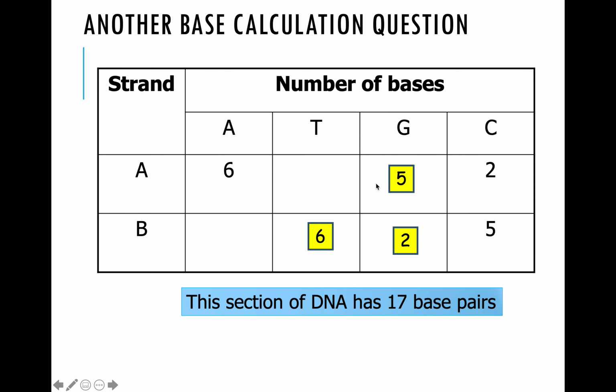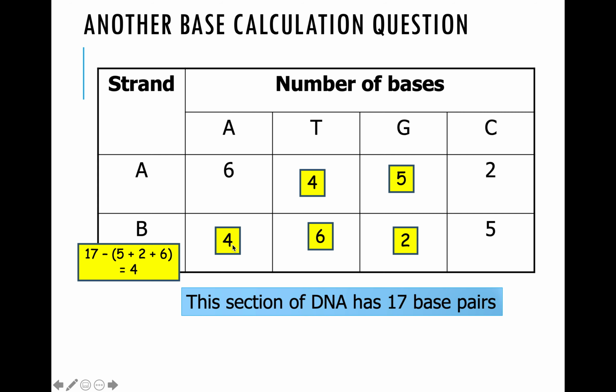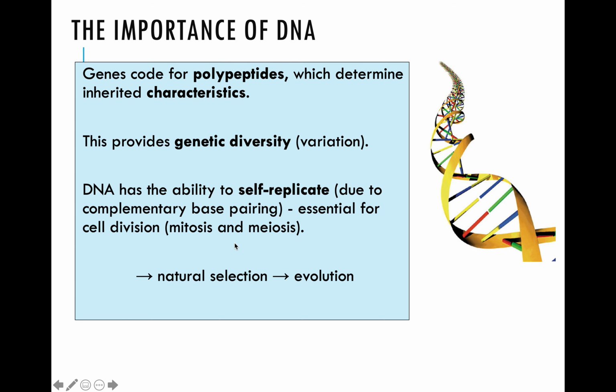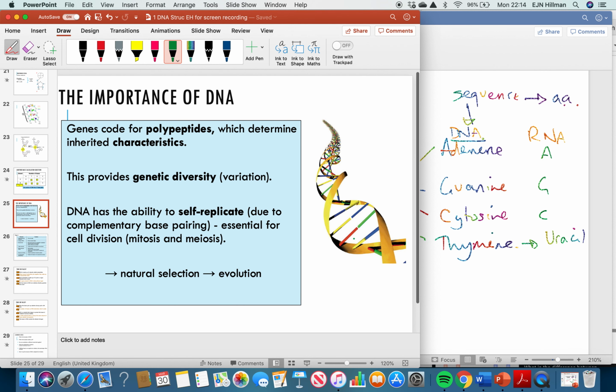Then we know that there are 17 base pairs altogether. 17 minus 5 plus 2 plus 6 must mean there are 4, and therefore there must be 4 thymines there as well.